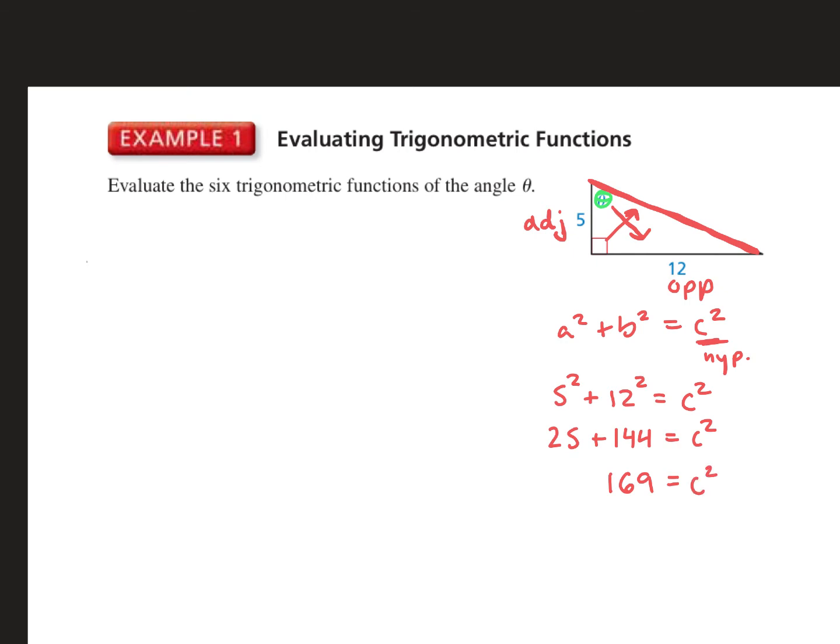How do we find what c is? Because right now we have c squared is equal to 169. Take the square root of both sides. So what's the square root of 169? 13. Perfect. So our hypotenuse is 13.